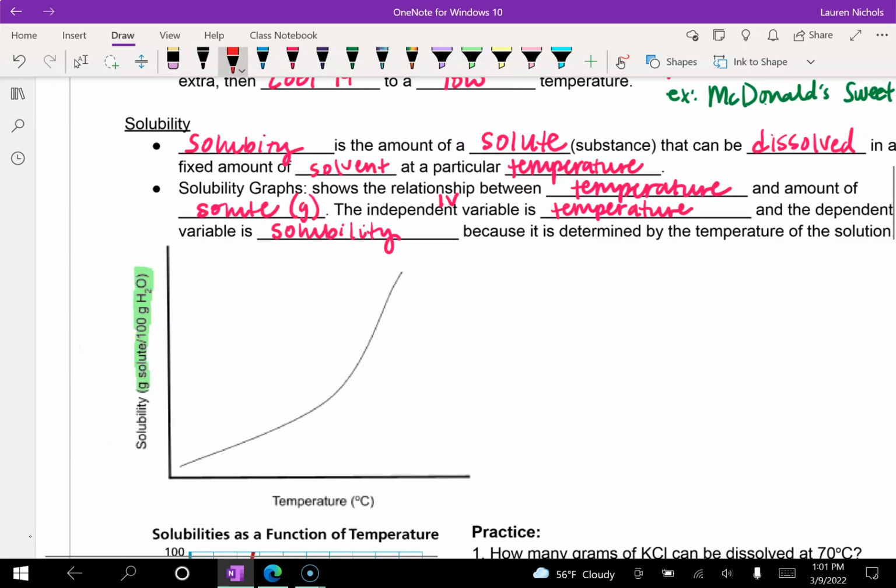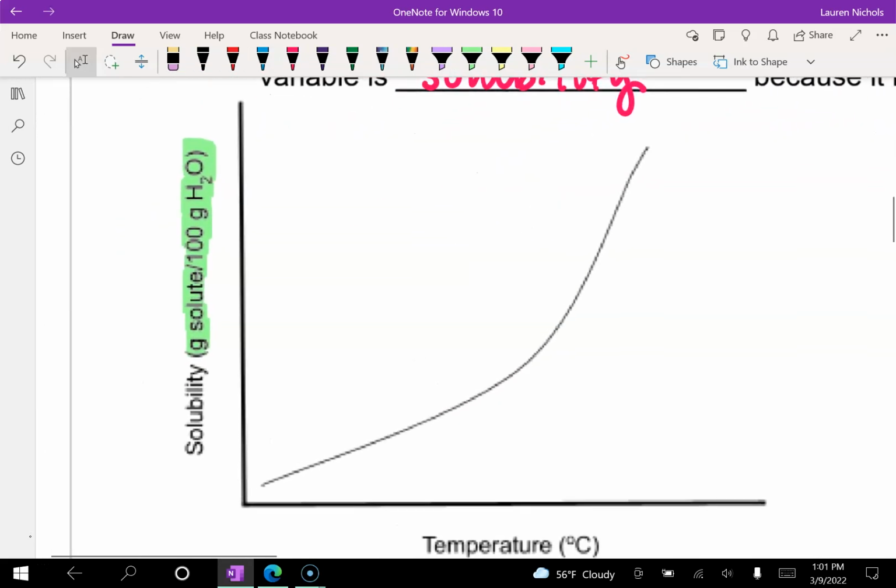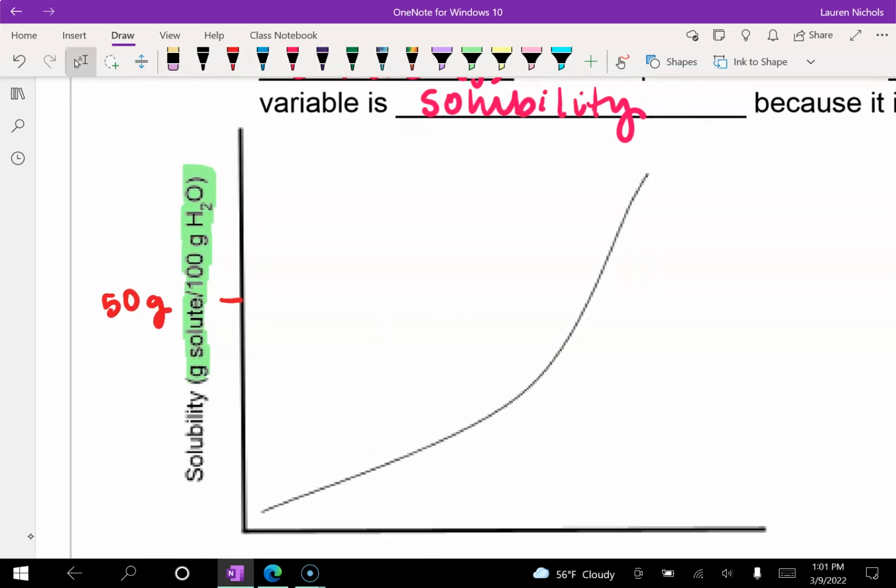So what that tells us is, let's say right here is about 50 grams on our chart. What they're telling you with that unit is that you have 50 grams of sugar, or whatever your solute is, in 100 grams of water.